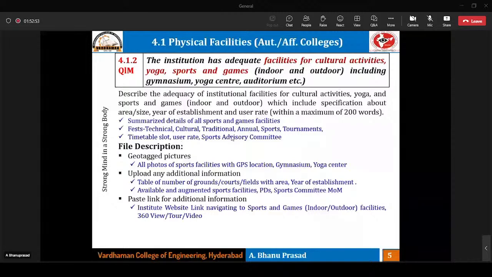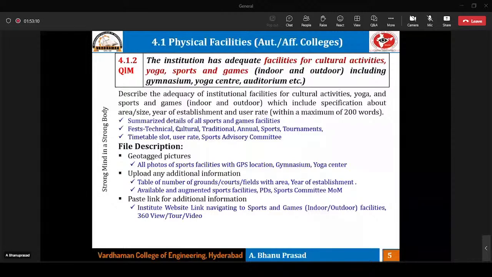Since we have to take this new requirement, geo-tagged pictures, because all the others are just highlights. When the expert committee comes, we can show it as a highlight. But these are the real things.